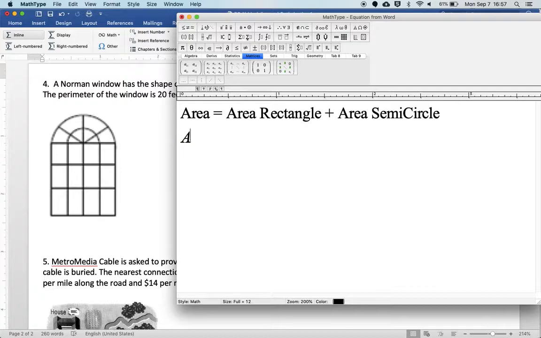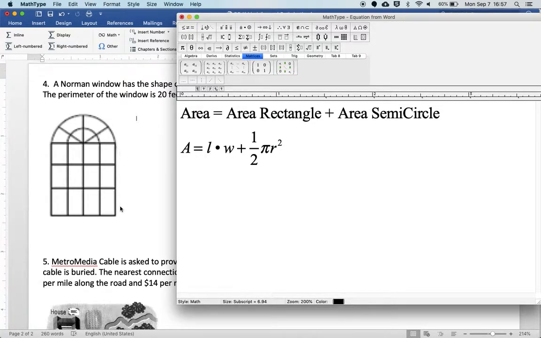So area A. Well, we need a formula that gives us the area of a rectangle. That's length times width, plus the area of a semicircle. The area of a circle is pi r squared, so 1/2 pi r squared would be the area of the semicircle. r is the distance from the center of the circle to the edge.